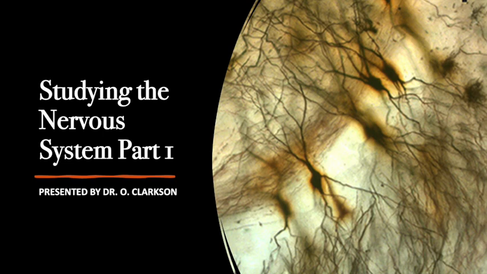Another thing to keep in mind too about neurons is that they're going to be polarized, meaning that on one end of the cell you're going to potentially see things like dendrites as well as the cell body. And on the other end of the cell are going to be the axons. So you have polarization. You have a receiving end, that's going to be your dendrites. These are going to be your receivers, right?